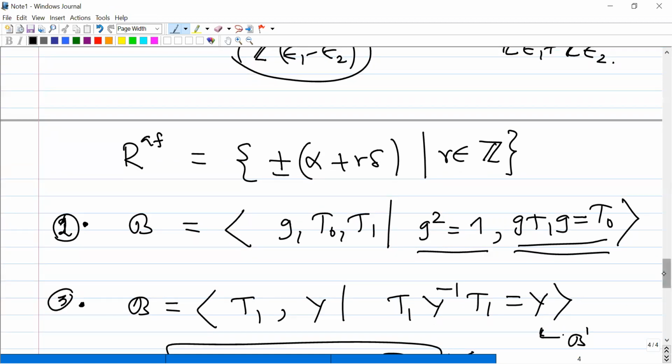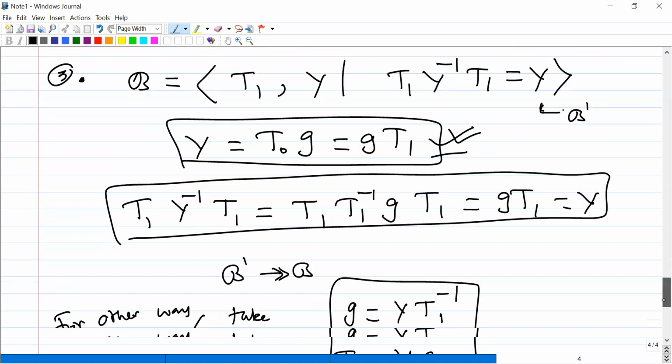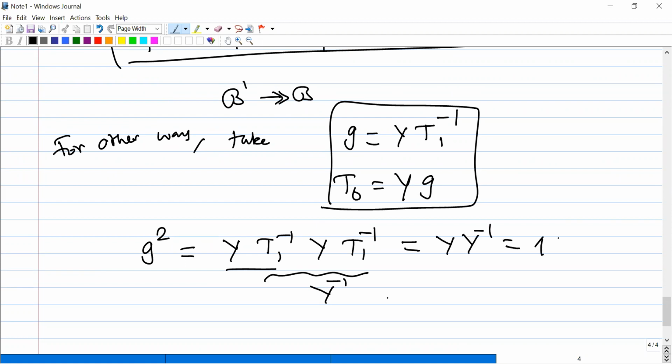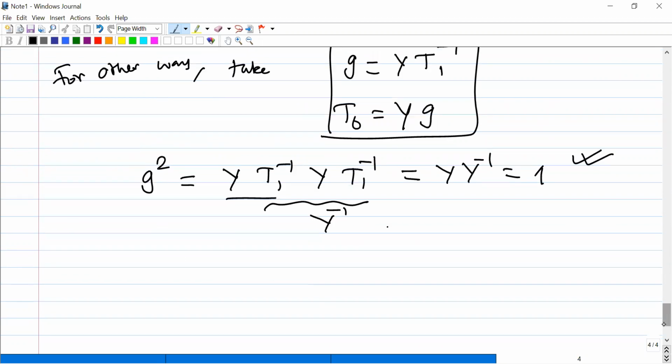So what is G square? G square is Y T1 inverse, again Y T1 inverse. If you recall, this T1 inverse Y T1 inverse is just Y inverse. So that gives that Y inverse equals identity. So the first relation is true.